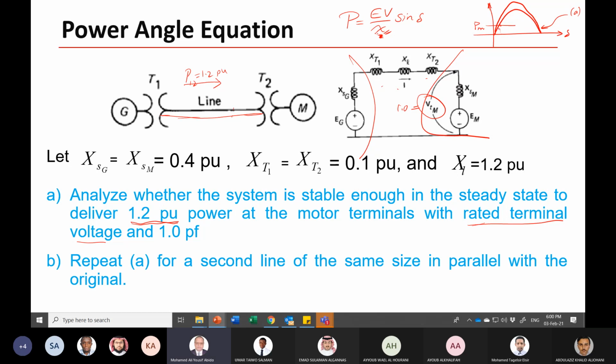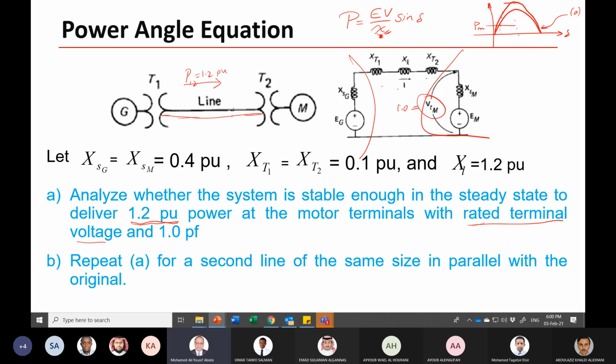As you can see here, the angle of case B is lower than the angle of case A. So we are getting lower and lower than 90, and therefore the system will be more stable. Okay, and 90 represents the stability limit.